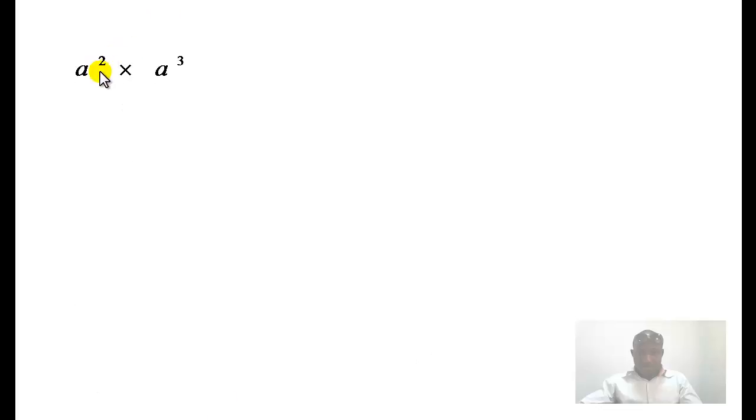The expression a^2 multiplied by a^3 is a two-term expression. This can be transformed to a multiplied by a on the right hand side, being the equivalent of a^2 on the left hand side.